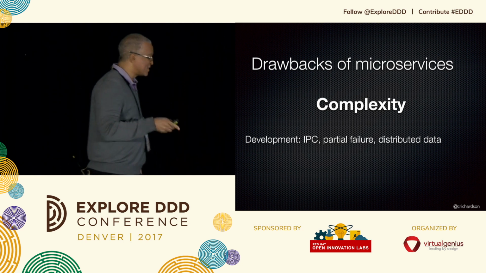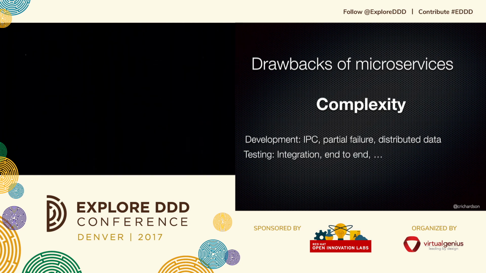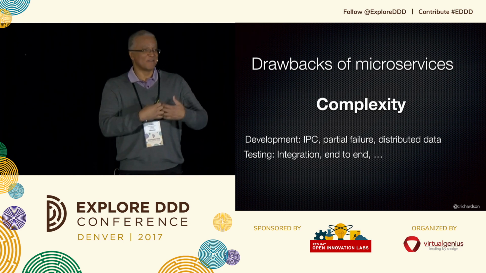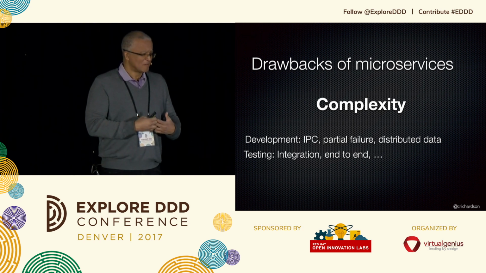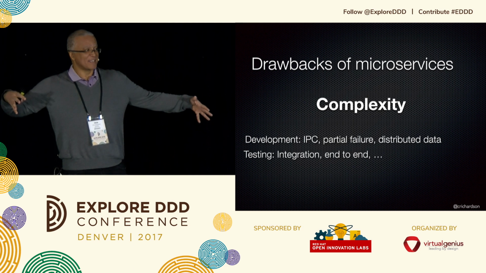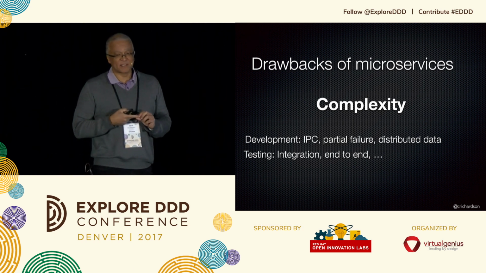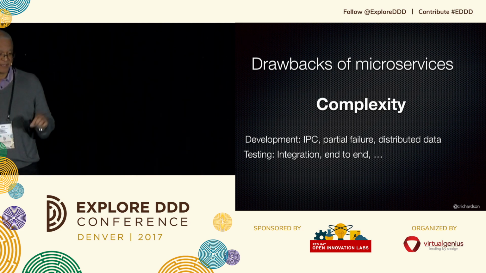Testing is an interesting one because testing is simultaneously easier and harder. It's easier because the services are small and easier to test. The challenge comes from making sure that the services work together. Because what you don't want to do is some complex end-to-end test. But the good news is there's various testing strategies that you can employ, like consumer contract testing.